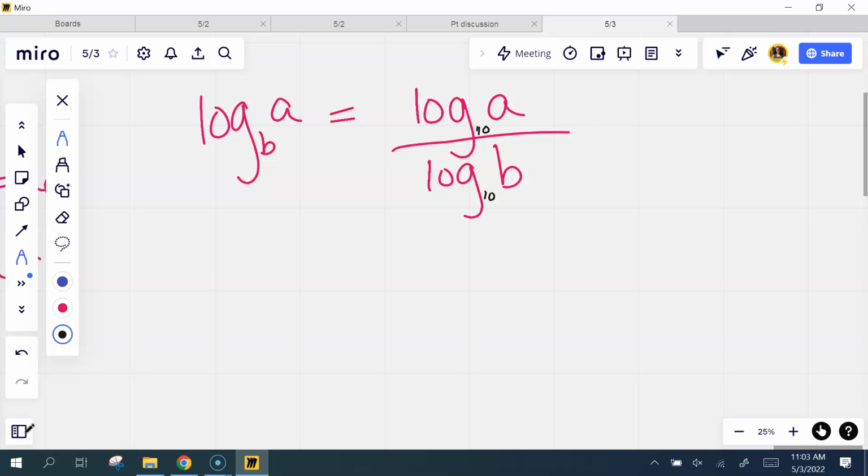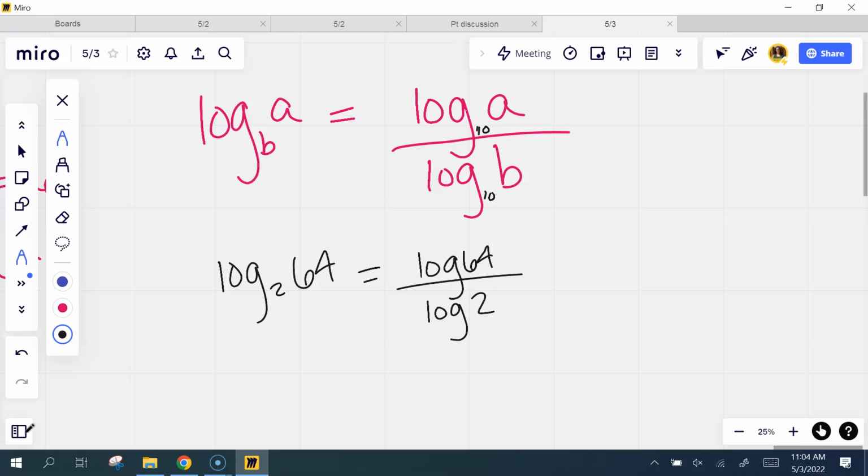So let me show you what I'm talking about. Let's just take one we already did that we know the answer to. What was that one we just did? Log base 2 of 64. If I write that in change of base form, it's going to be the log of 64 divided by the log of 2. So take out your calculator.